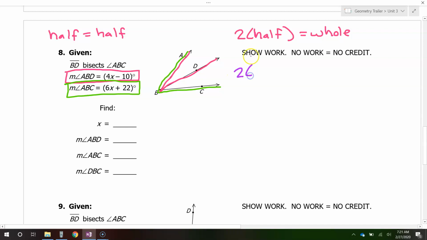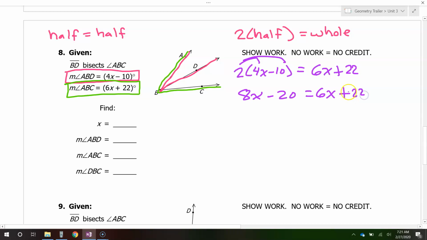So that means 2 times the 4x minus 10, 2 times the red one, is going to equal the whole, which is the green one, which is 6x plus 22. So that's the equation. Now we're just going to solve this by doing the distributive property. So we have 8x minus 20 is equal to 6x plus 22.